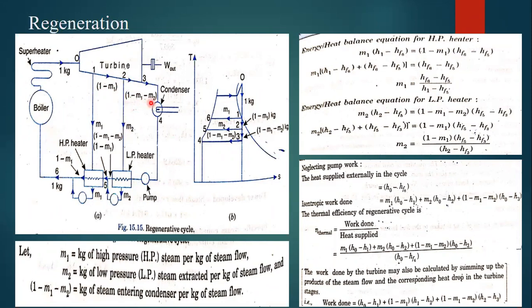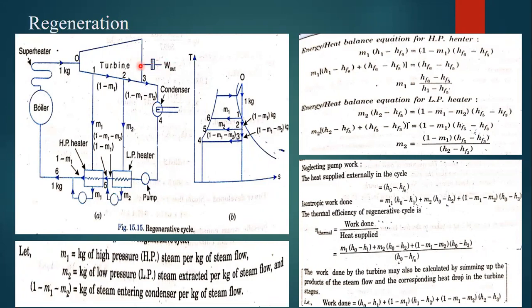So finally I am going to have 1 minus m1 minus m2 kg of steam. After that, at the turbine there will be some work output, which we can use for any purpose. Mostly we use it for a generator, generating electricity in steam power plants. So we will connect a generator here, and there will be some work output, right?